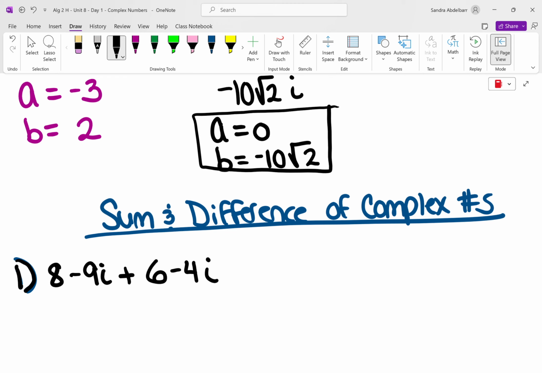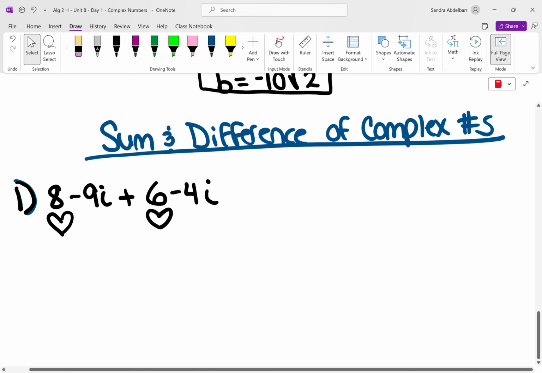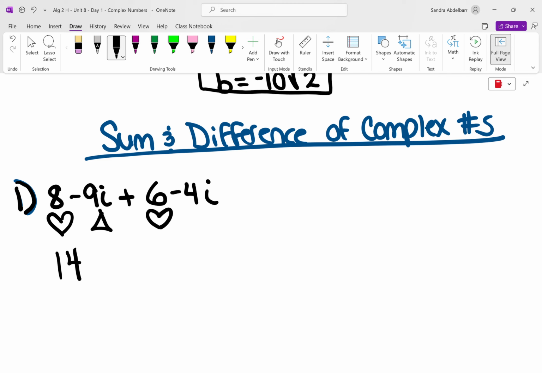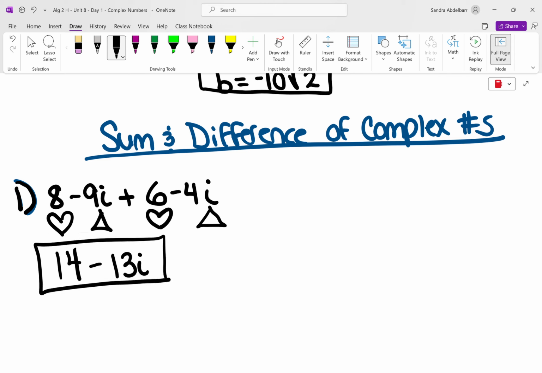A variable represents a number, and the same variables represent the same number. Well, i represents the root of -1, so we treat it like we would treat an x or a y. It's representing the same number. So we're going to combine our real numbers, 8 plus 6 gets us 14, and then we will combine our imaginary numbers. -9i minus 4i is a -13i.